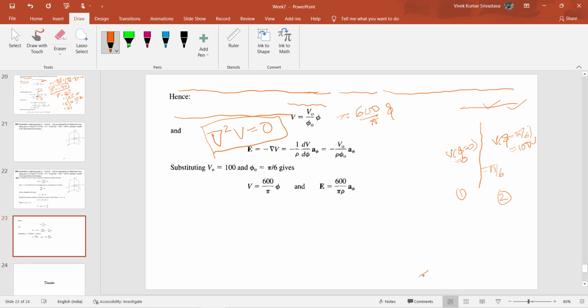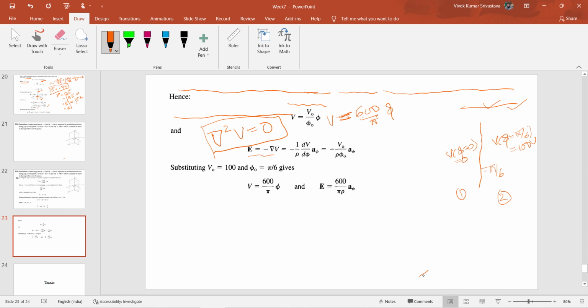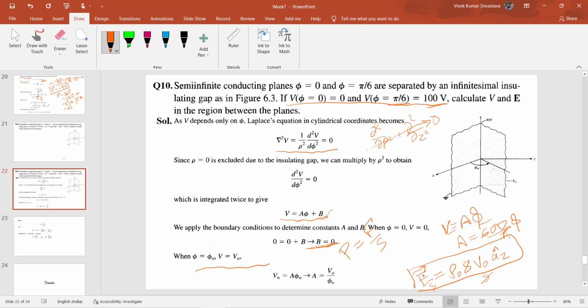Now you have found the value of potential between these two planes. For finding out the value of electric field, we will use the relationship between the electric field intensity and V. We will use this relation for finding out the value of electric field intensity. So that's how you can find out the value of V and E by using the Laplace equation.